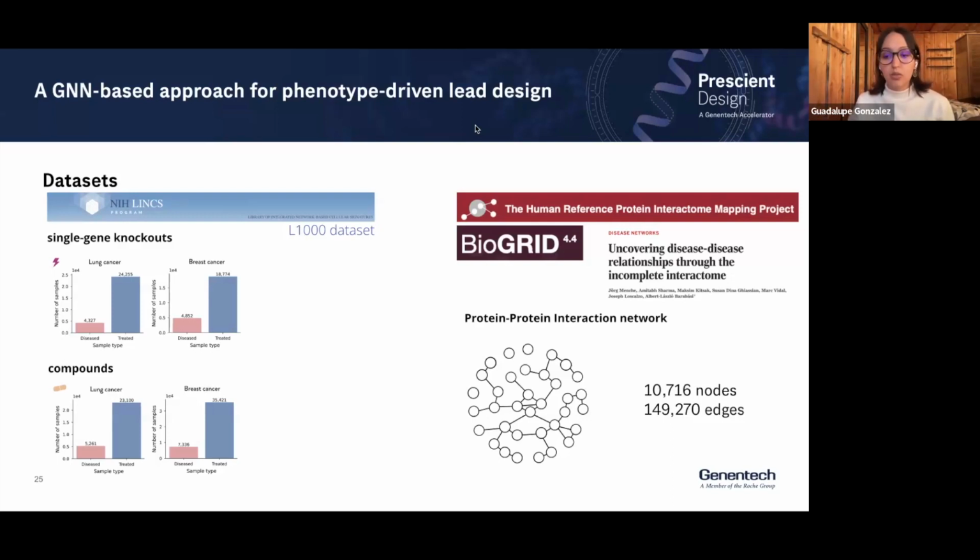So it doesn't rely at all on the existing library. It can predict any combination or any single target. And that was one of the reasons why we wanted to propose this, so that it doesn't have to rely on the library of compounds.